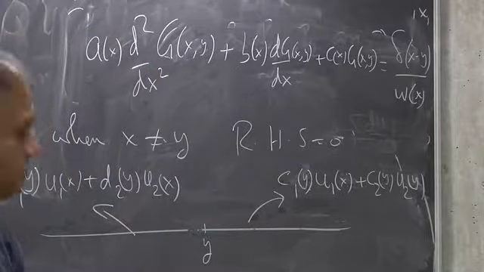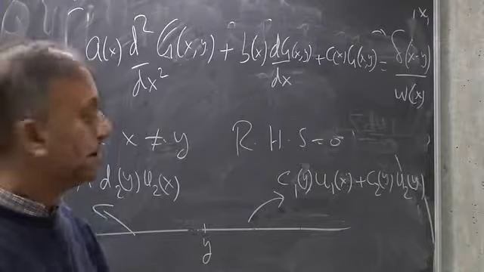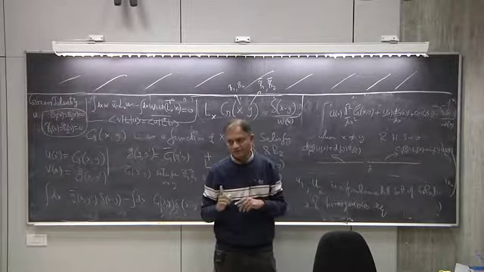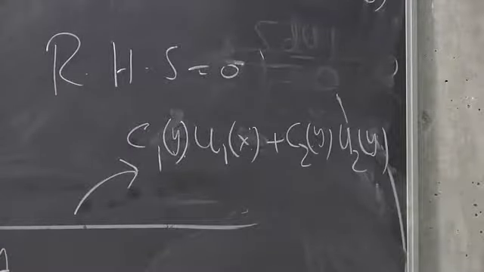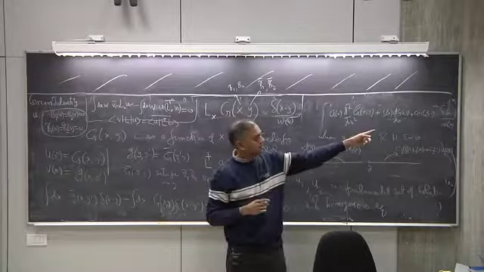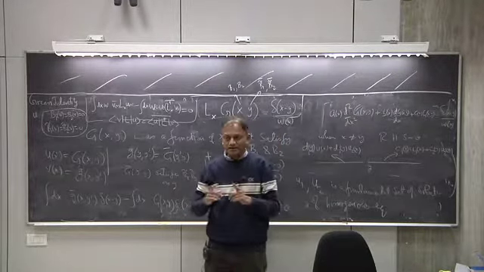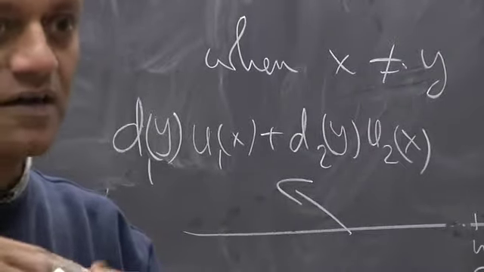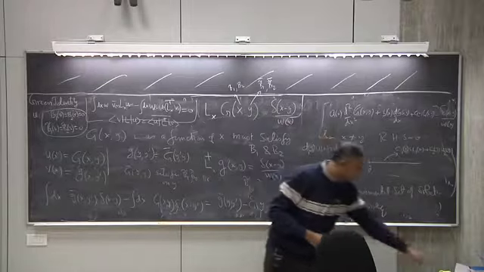When you approach from here or approach from there, the value of g should be the same. However, not the first derivative. The first derivative of the Green's function must have a step function, because then the second derivative will give you a Dirac delta function. So that's the idea. The discontinuity must be there, not in the Green's function itself, but in its first derivative. So this is the main condition.